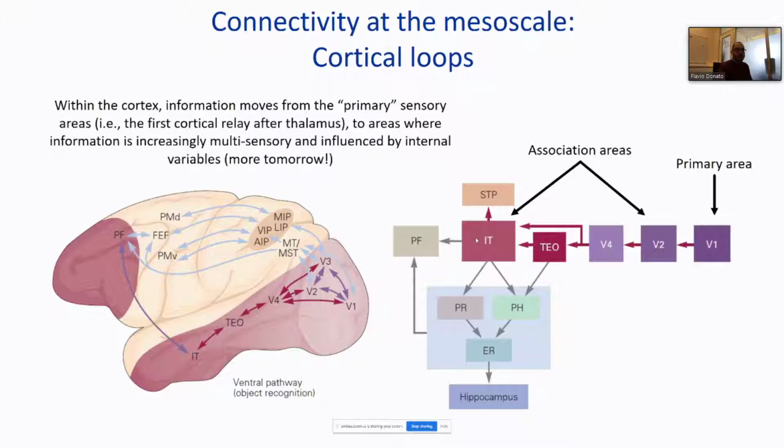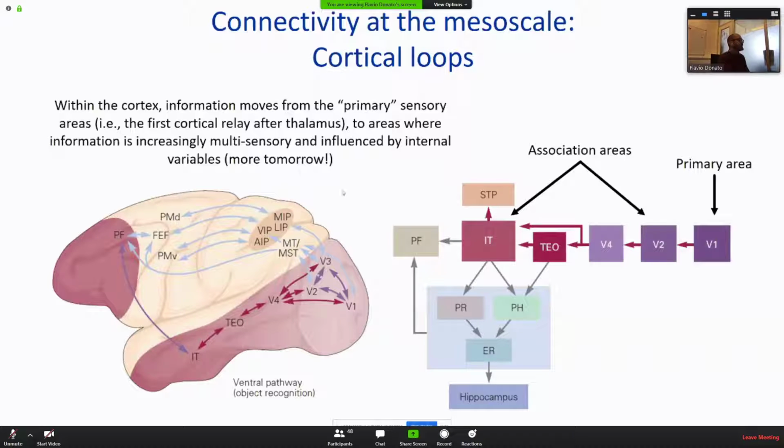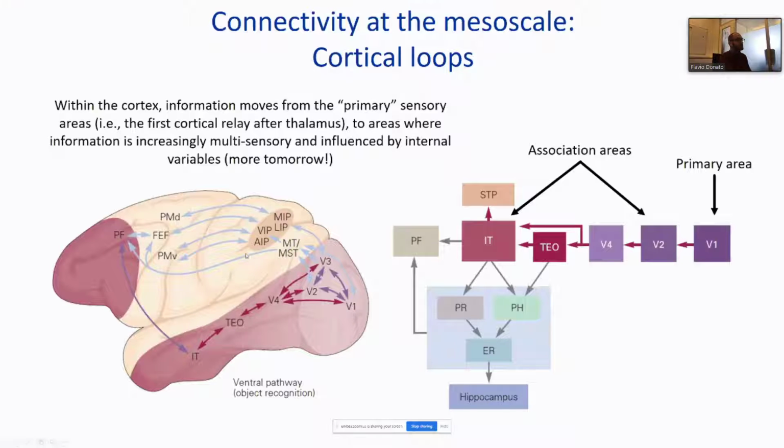Okay, so let's go back to where we were before. We are within the brain, in particular within cortex, and information is moving from the primary areas to areas that are more and more multisensory, or more and more tuned to internal variables, or more and more able to create cognitive function. And this is something that we're going to see tomorrow.